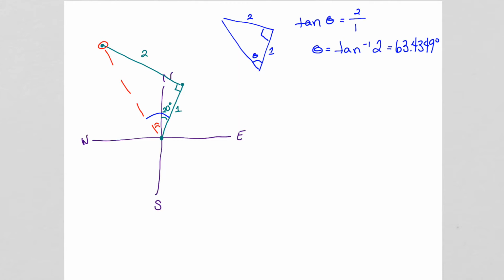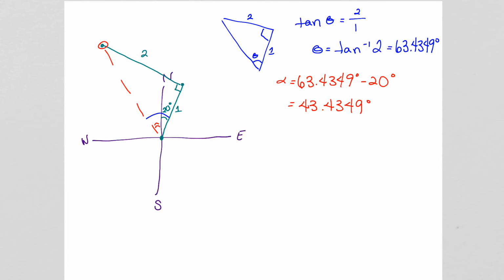Now that we've found that angle, we can find our smaller one, the little red one there. I'm going to call it alpha. We've got 63.4349 minus that 20 degrees. So that is 43.4349 degrees.